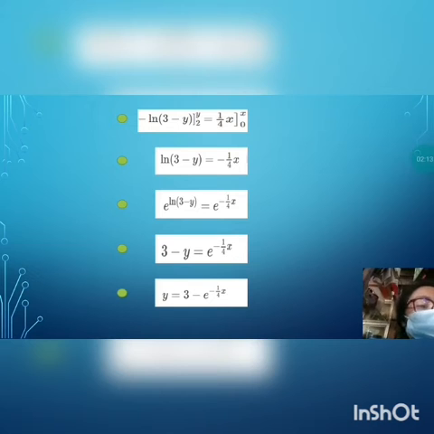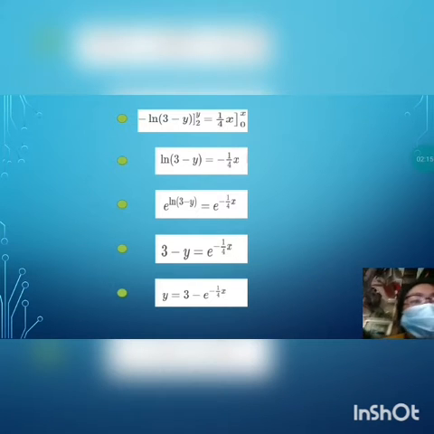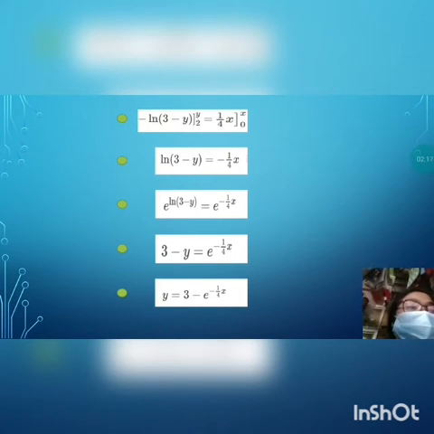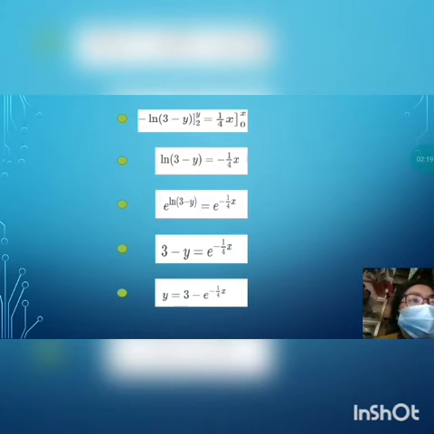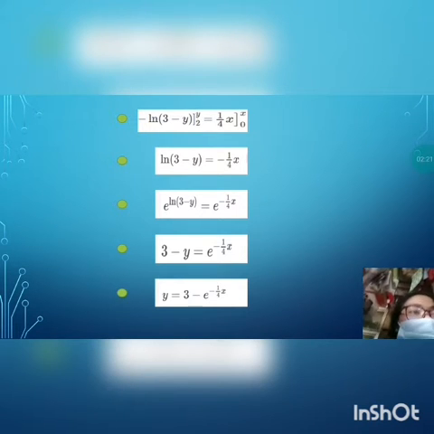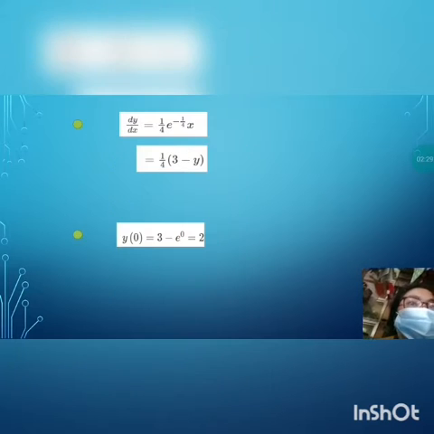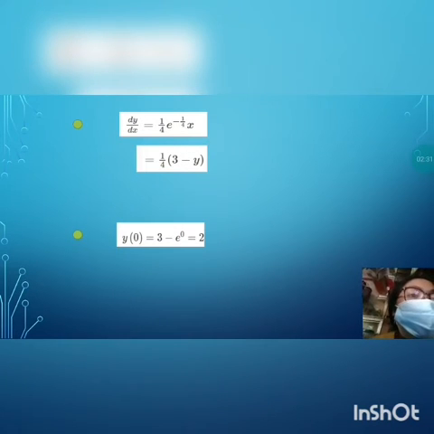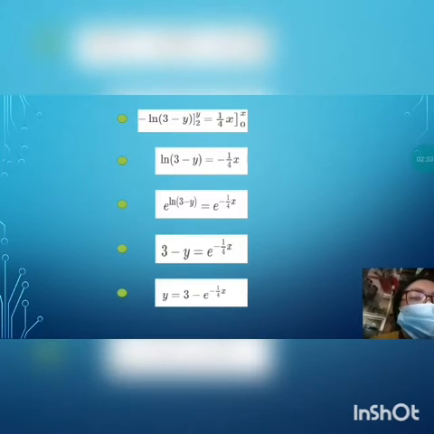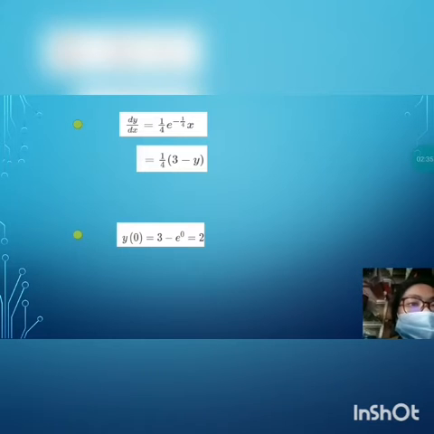Since this is our first non-trivial analytical solution, we have to use it to check the result. So we have to differentiate. So dy over dx equals 1/4 e raised to the power of negative 1/4 x, which equals 1/4 times 3 minus y.